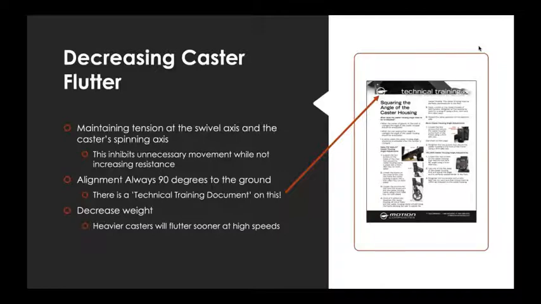Yeah, absolutely. If that's off just a little bit, I promise you can get flutter real quick. So if you look down at the handouts on the right-hand side, you have squaring the caster housing, and then the third one down says anti-flutter caster housing.